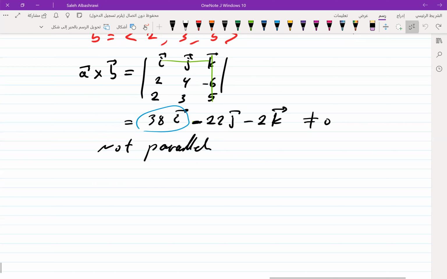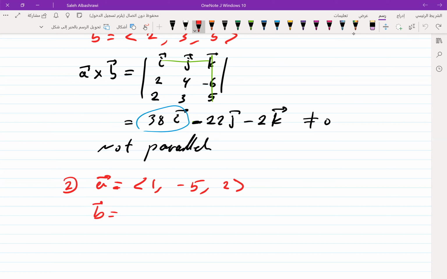Second one, say A equal to 1, minus 5 and 2, B equal to 3, minus 15 and 6.